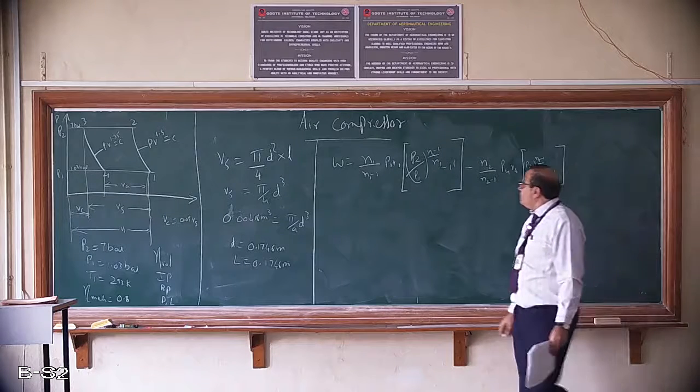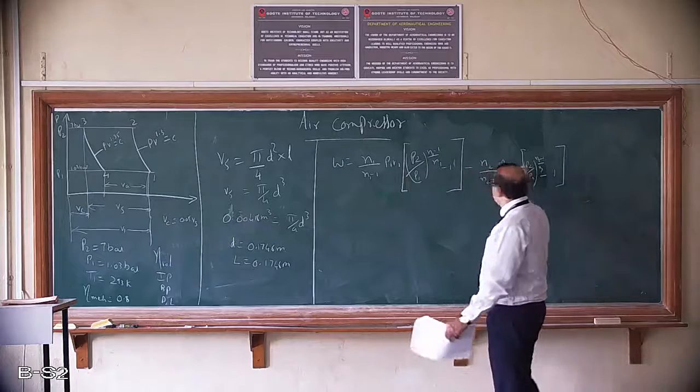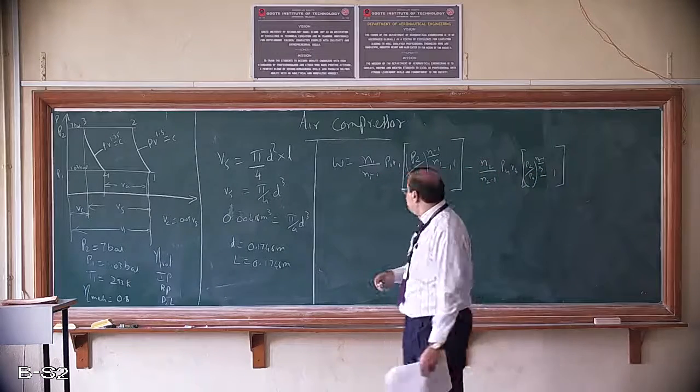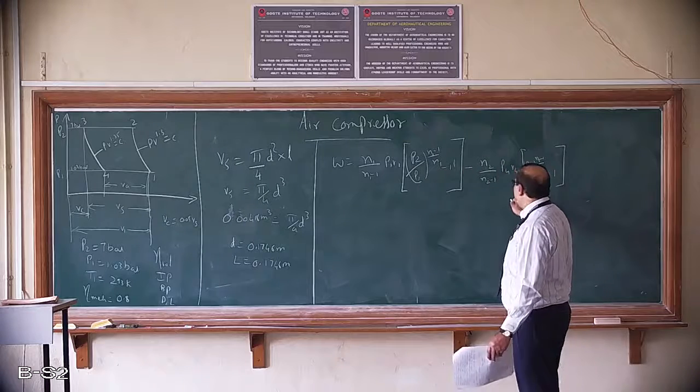So we need to take N1 and N2. Why? Because the value of N is given separately for compression and expansion.